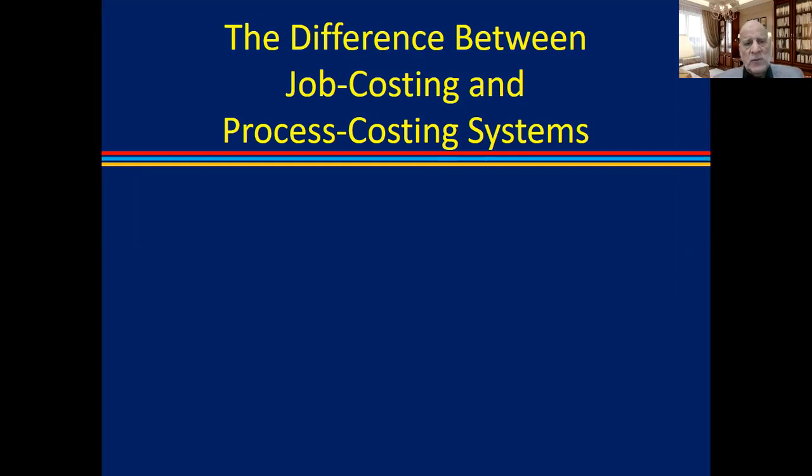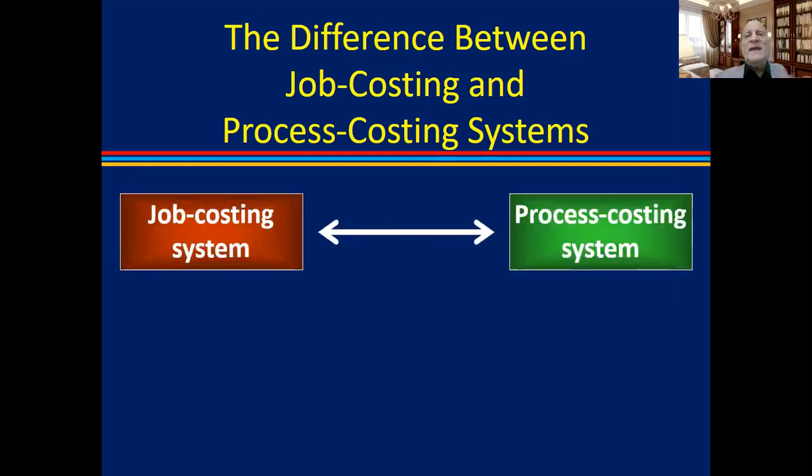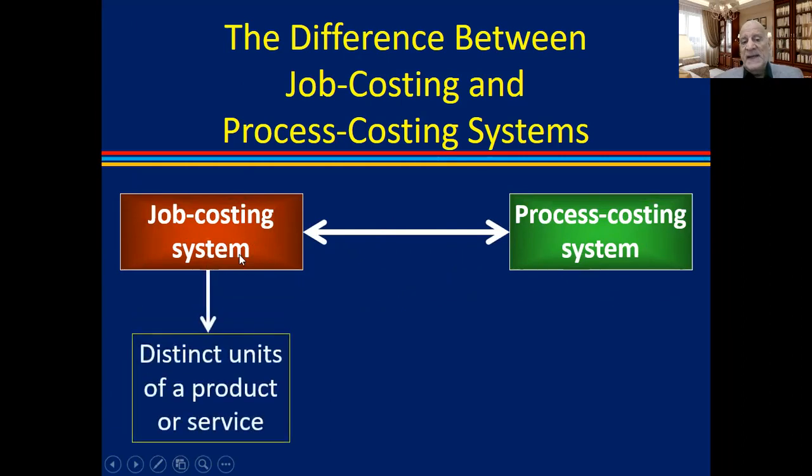As I mentioned, there are two main types of costing systems: job costing system and process costing system. The job costing system is used when we have distinct units of a product or services.